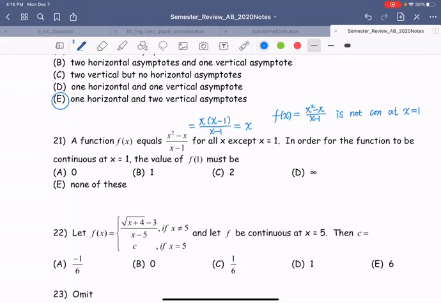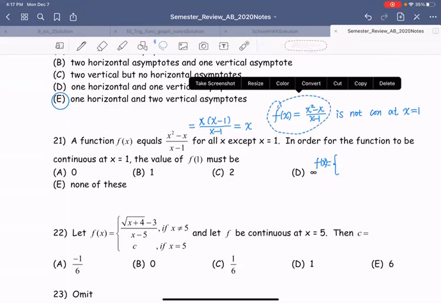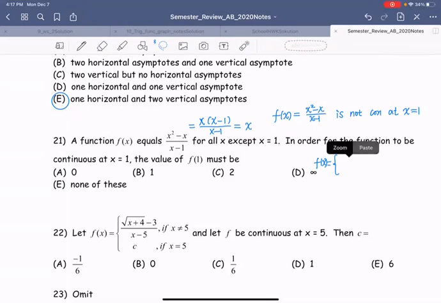Mm-hmm. But if you simplify and you find out that at 1 this guy equals 1, right? Yeah. So you can say, all right, I'm going to make my f(x) equal to this fraction.